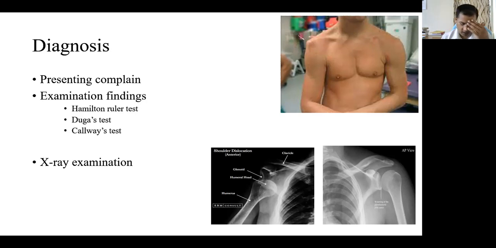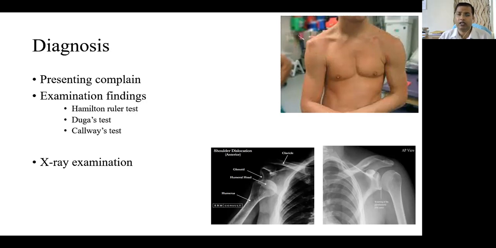Next, the Kalbach test. The Kalbach test is when you measure the vertical circumference of the axilla of that patient. Usually the vertical size of the axilla increases on the affected side compared with the normal side.